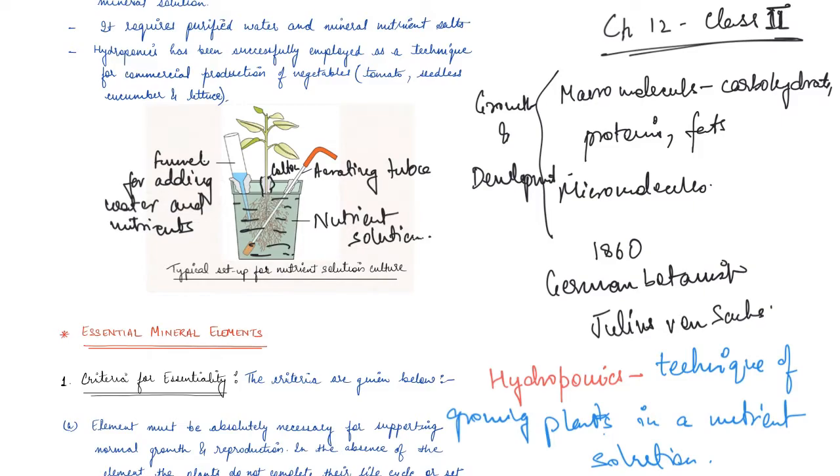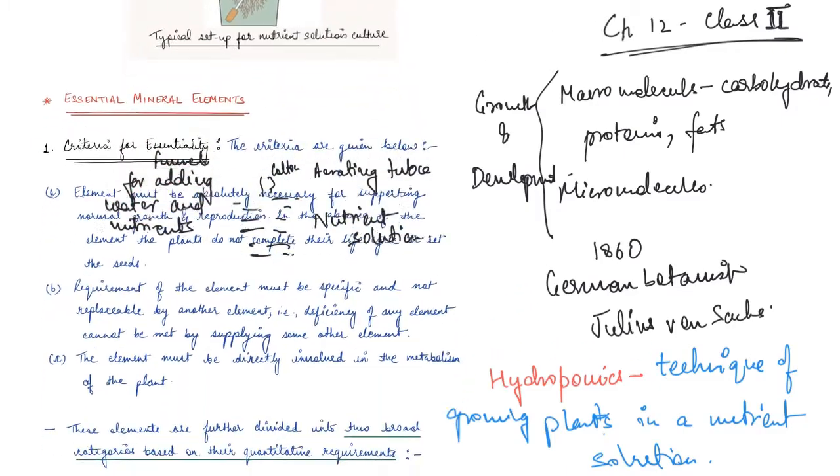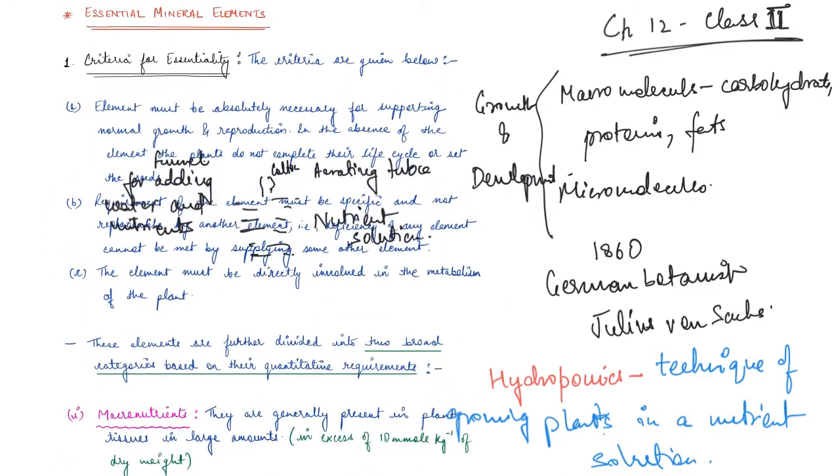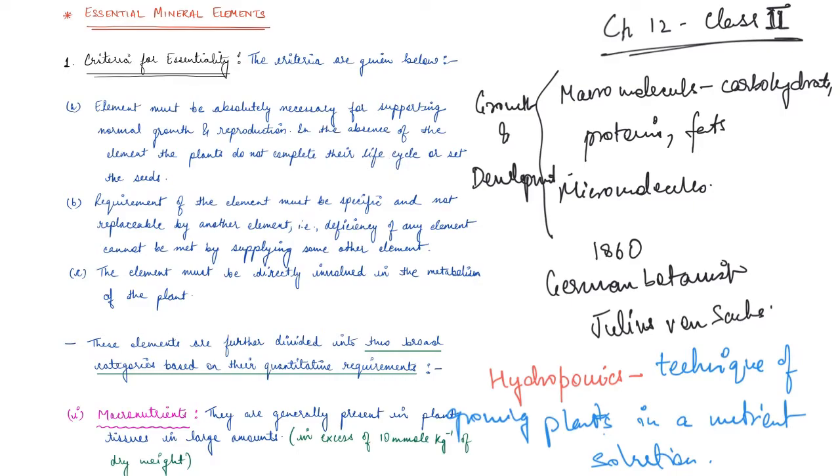Now let's see what are the essential mineral elements, right? So what happens in normal agriculture, guys? In normal agriculture, most of the minerals are present in the soil itself, right? And as the root of the plant enters the soil, it starts absorbing those elements with water, right?